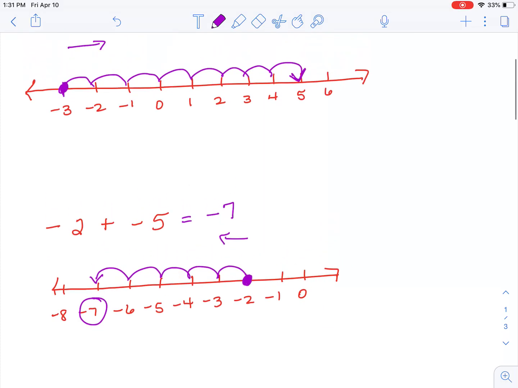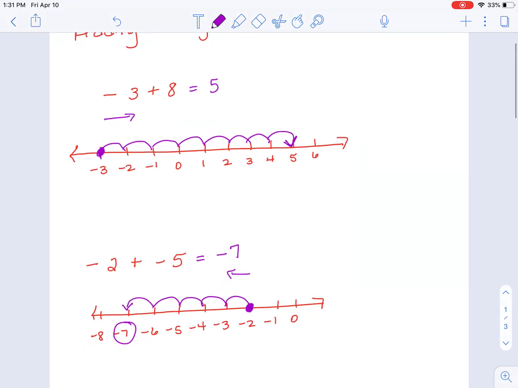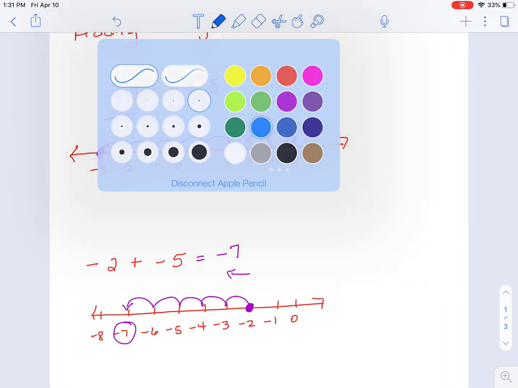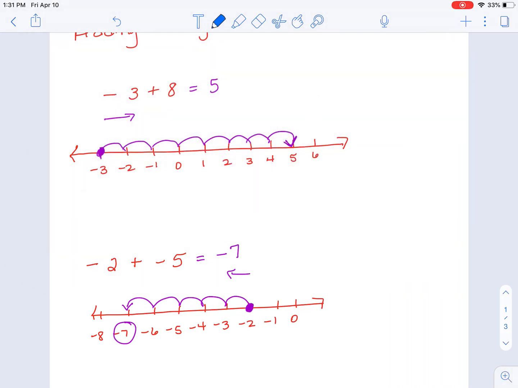Excuse me. Okay, so let's look at these two examples and put in our integer rules. So one integer rule says if the signs are different.